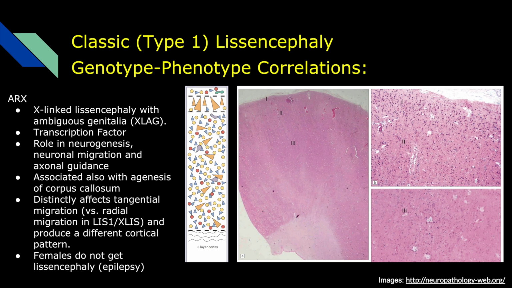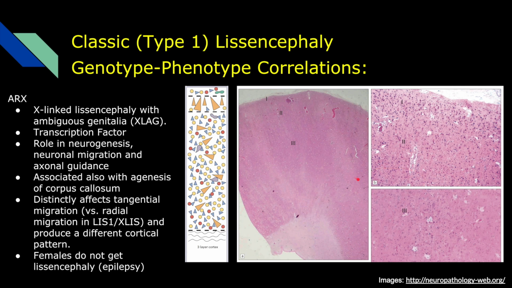Interestingly, again, because of this random X inactivation, even though we think of this as a male disease, it can occur in females, but in females it doesn't seem to cause lissencephaly because of this lyonization process, and instead they get epilepsy.